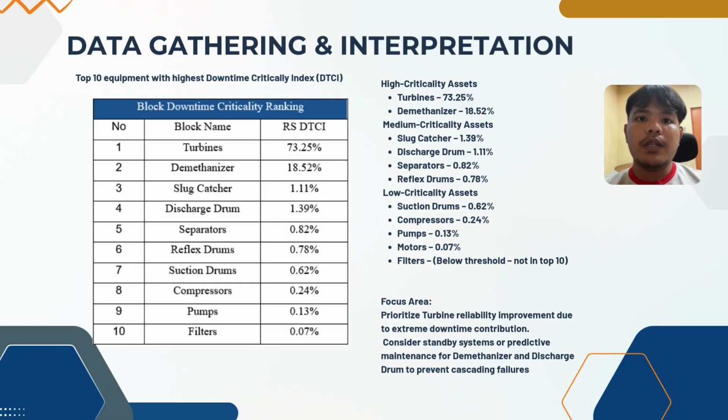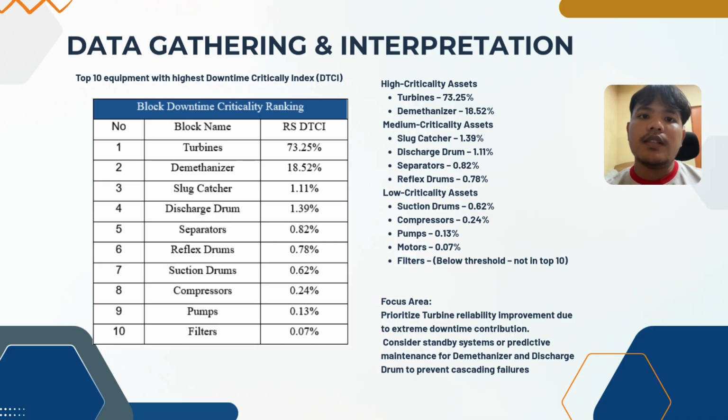So now, I'll be presenting the downtime criticality index, which shows how much each equipment contributes to the overall system downtime. Based on our analysis, the turbine clearly stands out as the most critical equipment due to high failure frequency. They are followed by the demetanizer, which also shows significant downtime impact mainly because of its longer repair durations.